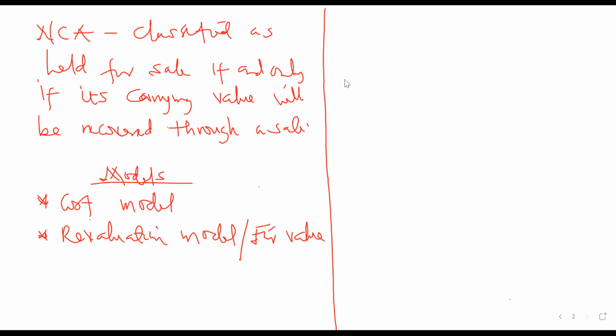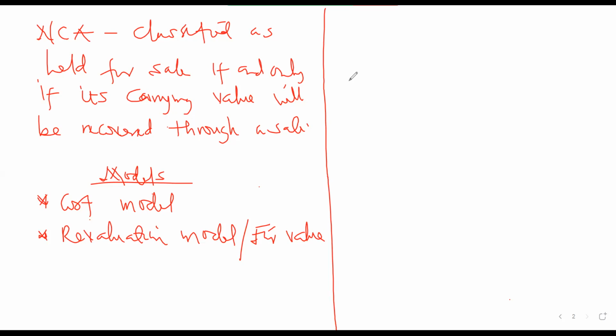So sell and lease back is not part of this particular classification. Since you have entered into a contract to sell and lease back the asset, it's out of held for sale. Held for sale means you are going to sell the asset and transfer ownership and everything to the person. You are not going to be retaining part of the ownership. No.